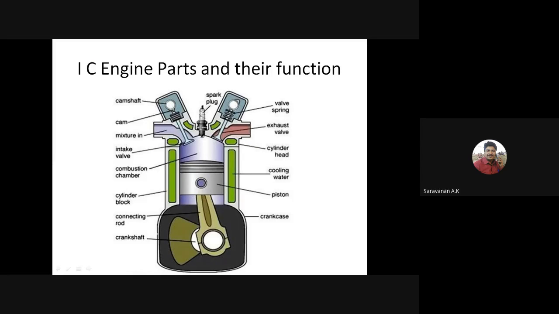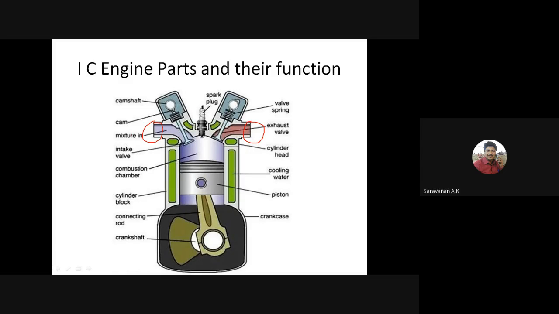Then the IC engine parts. What parts are there in the IC engine and what are their functions? For the IC engine, we have a reciprocating piston, which is used to reciprocate and to transmit the power. Here we have two valves, connected to the inlet manifold and the outlet manifold.